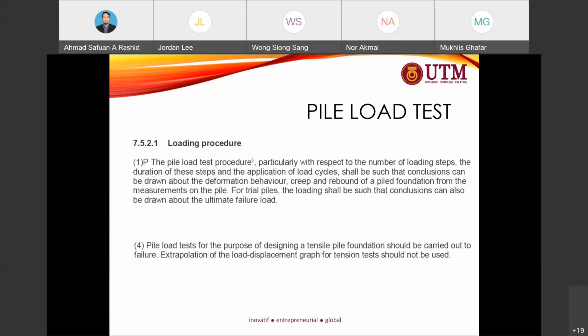Then the loading procedure, because at the end we can use these methods to determine what will be the capacity of the pile, and it relies on how many pile tests we have carried out.